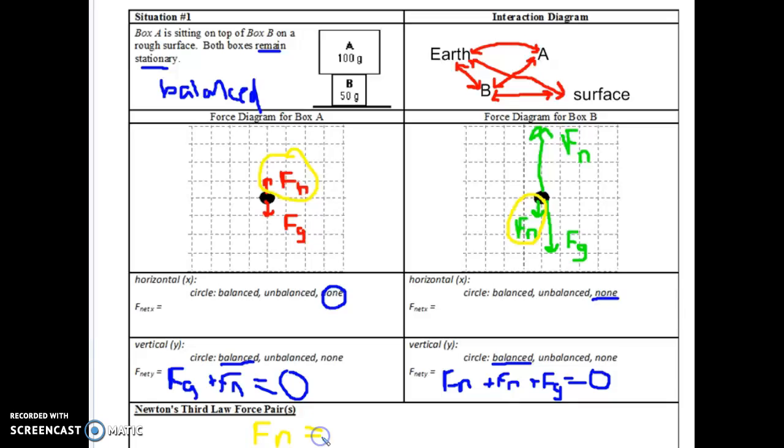So F of n of the first one, and I want to include my on by statements. I'm not doing that because I've got this sloppy pen that I'm using. But I would say that the normal force on A by B is equal and opposite to the normal force on B by A. Hopefully this video helps you get started on practice set 2. Good luck.